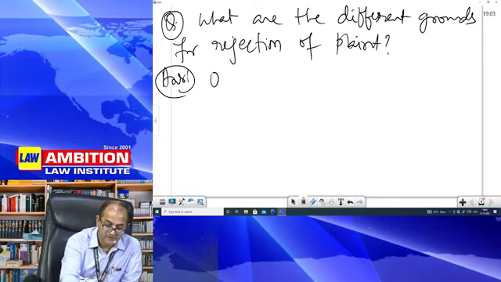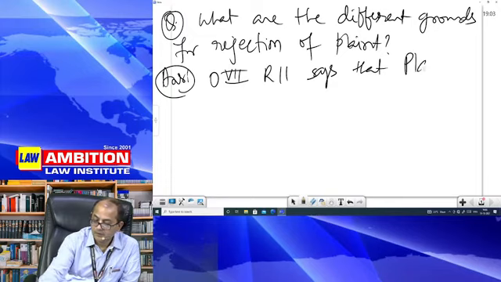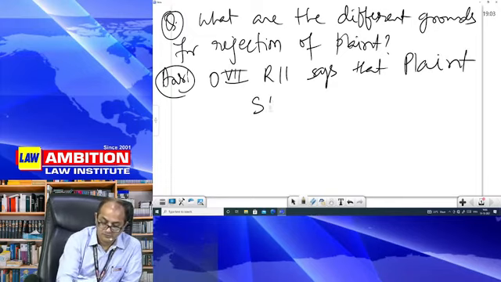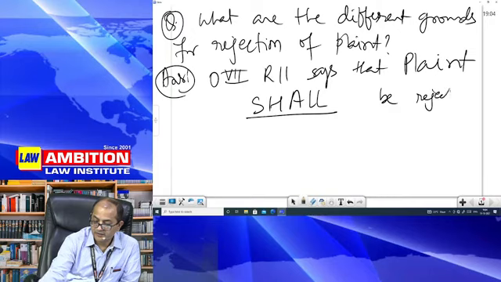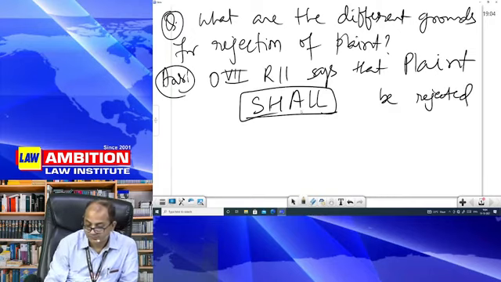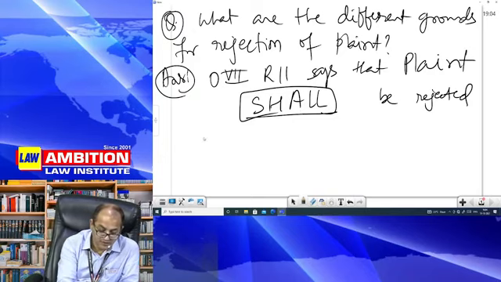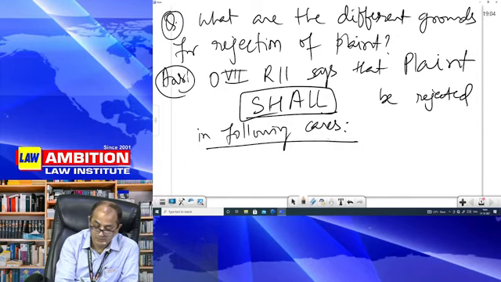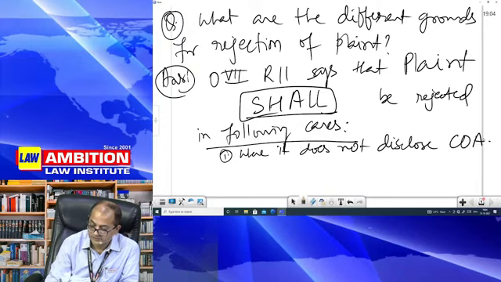Order 7, Rule 11 says that plaint, I have written it separately, shall be rejected. So it is shall. Plaint shall be rejected in the following cases. Number 1, A: where it does not disclose cause of action, first point.